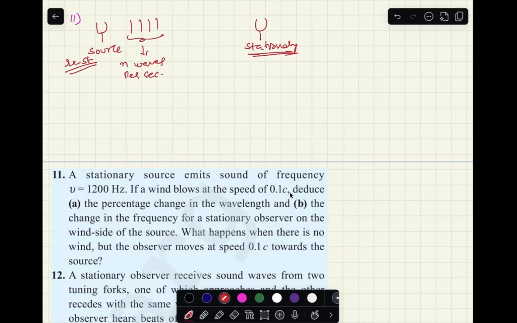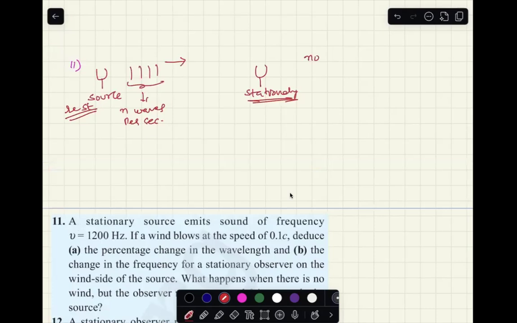Now, what is the effect on the wavelength? If there is no wind, I will measure the wavelength simply as c by f0. If there is a wind along the direction of propagation of sound, the wavelength will be (c plus wind velocity) by f0.